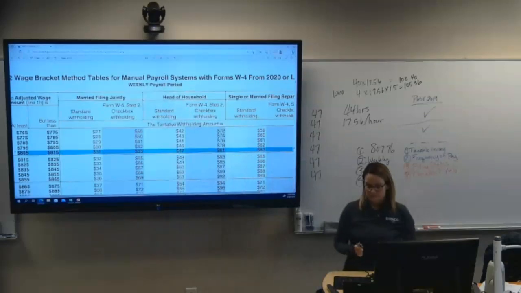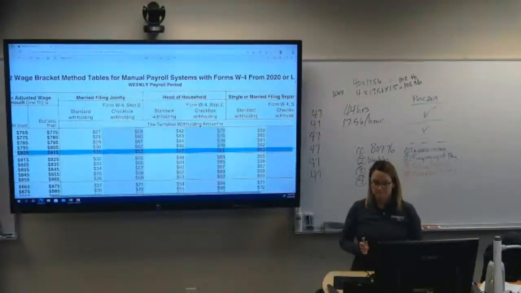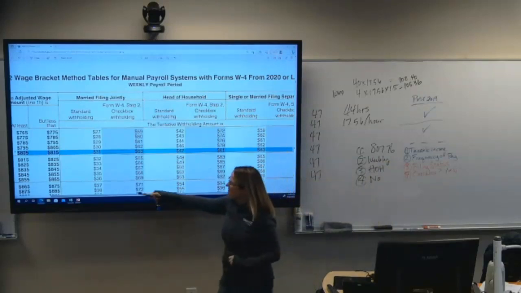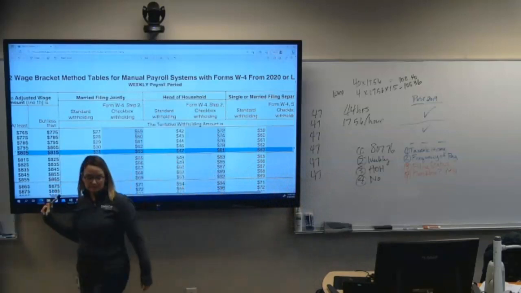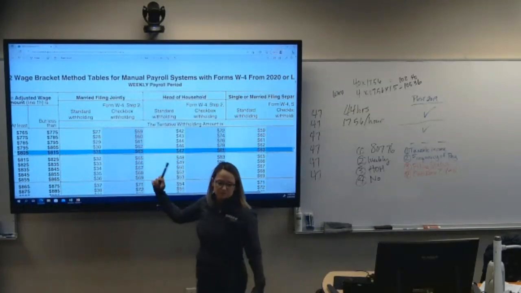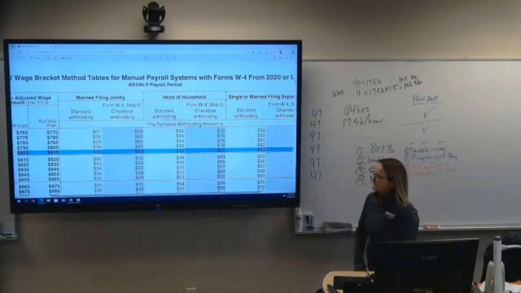Are you on the right page? My next advice would be, are you on the right column? This is probably the easiest one to figure out. Got the income range here, but again, this is no checkbox, checkbox. If the word checkbox is there, that means yes, the checkbox was checked.